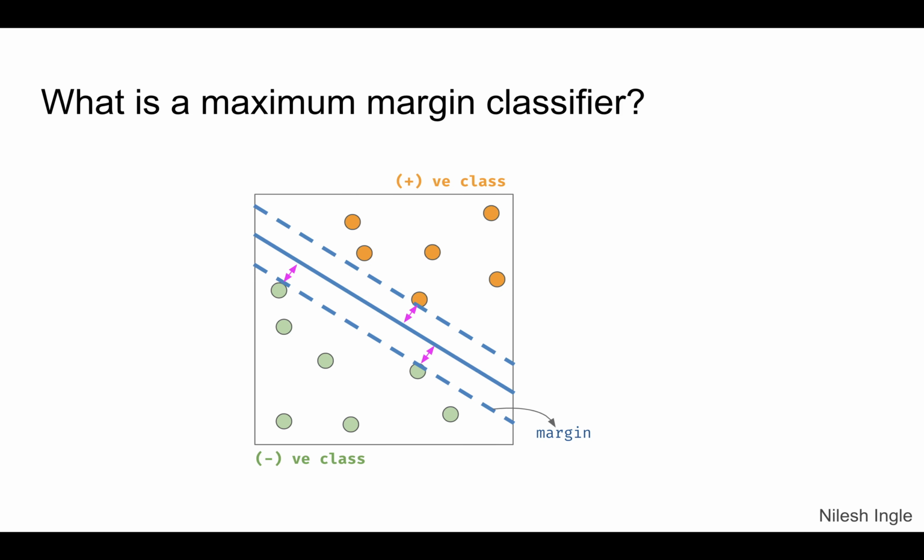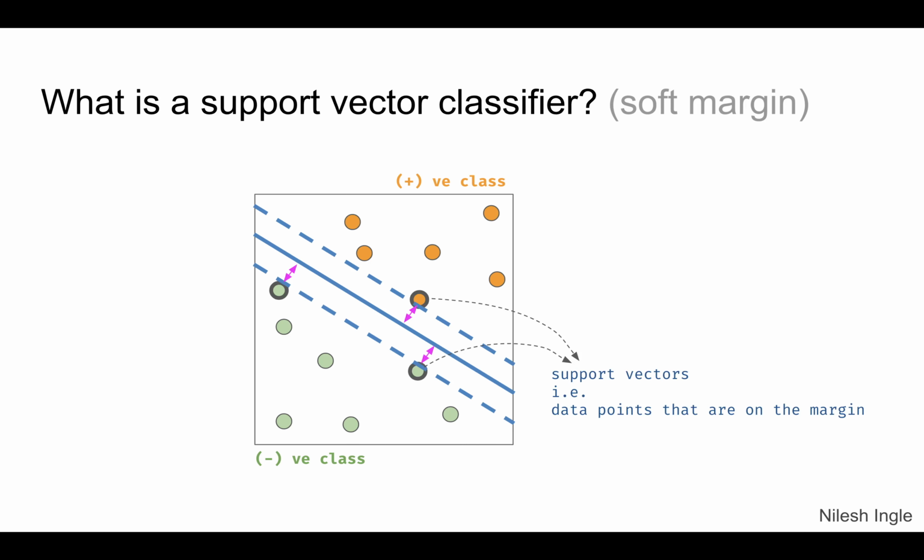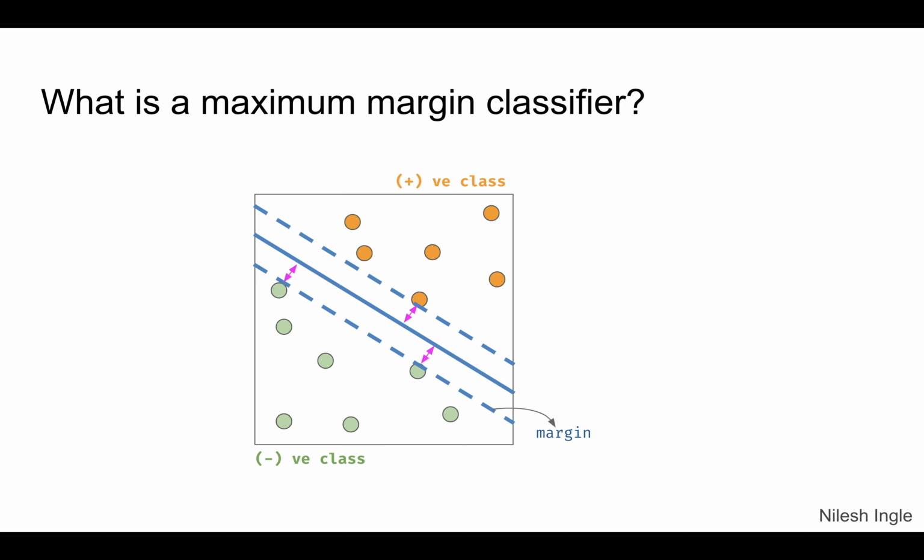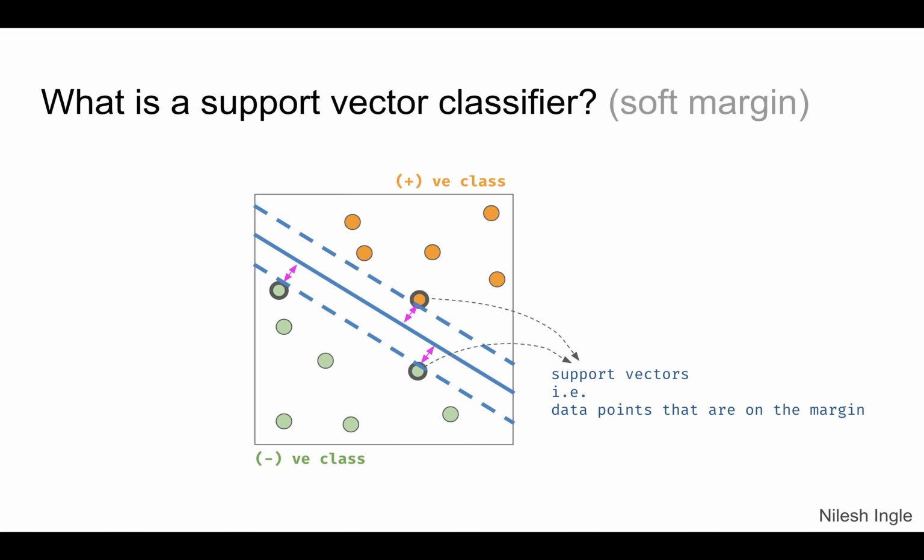And again, in the maximum margin classifier, as we saw, this idea of maximum margin can be built up more into what is called a support vector classifier. In the support vector classifier, the word support is tied to these data points that are associated with this dotted line.